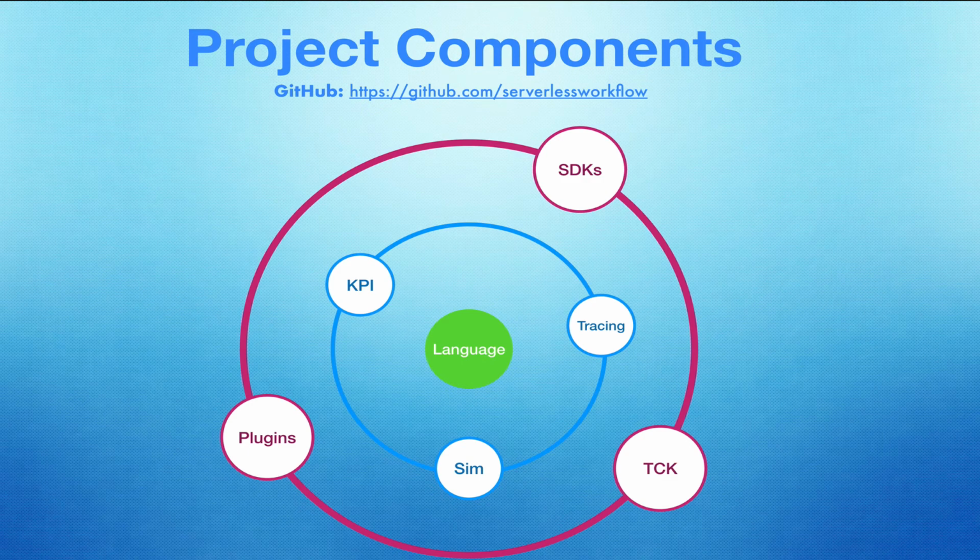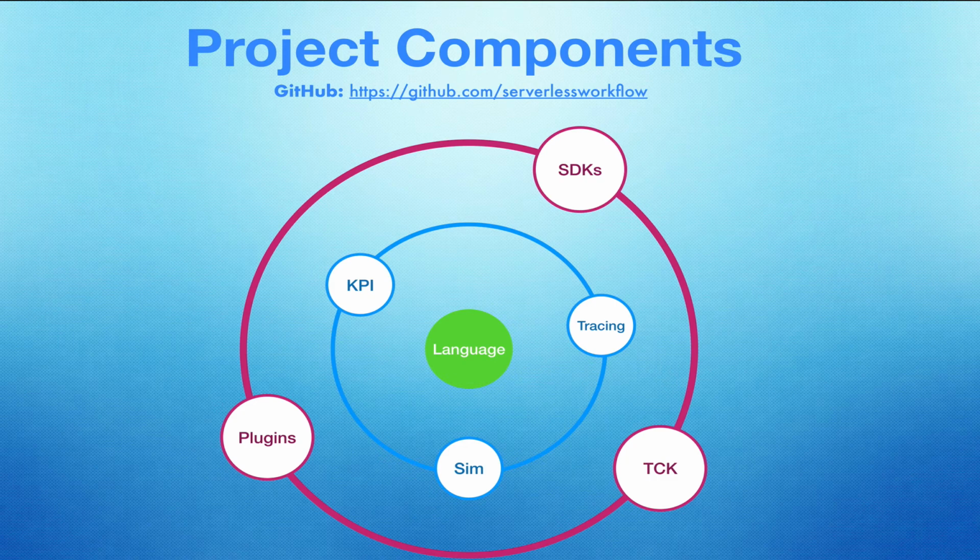Now let's take a look at all the different project components of serverless workflow. So far we've been talking about the serverless workflow language. This language is defined via JSON schema, which declares all the different rules of the serverless workflow language. In addition to the language itself, serverless workflow also provides a number of language extensions.